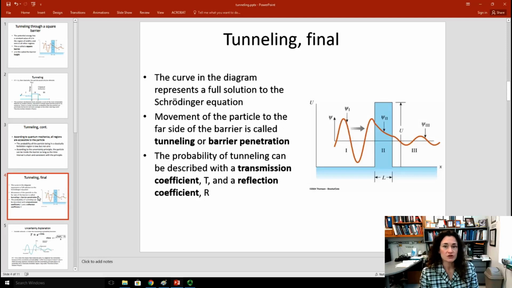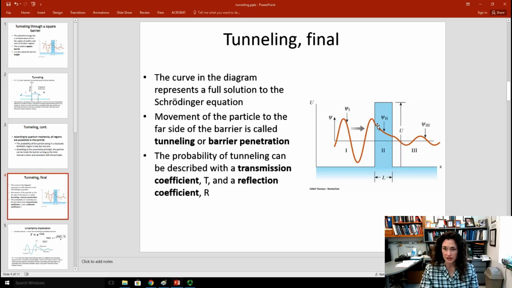So if you look at the solution to the quantum mechanical equation for this, the curve represented in this diagram represents a full solution to the Schrodinger equation. Remember, the height of that wave, the de Broglie wave, is related to the probability of the particle being in that region. So you can see that if the particle approaches the barrier moving to the right, then there's a high amplitude here indicating that the particle is likely to be on this side, on the left.